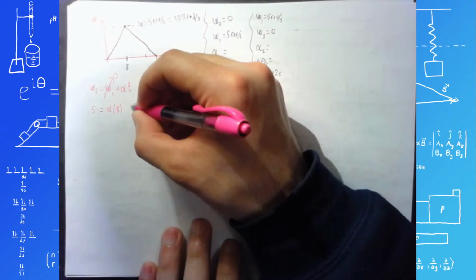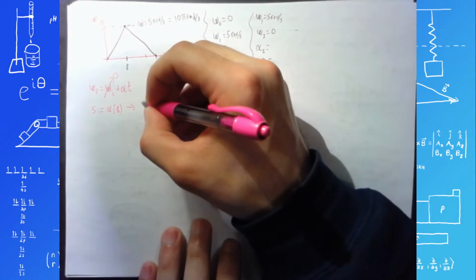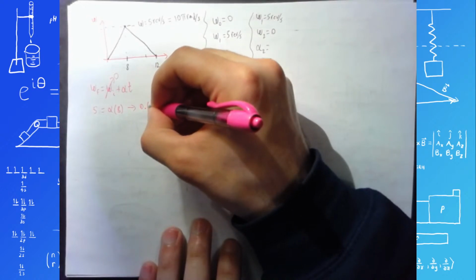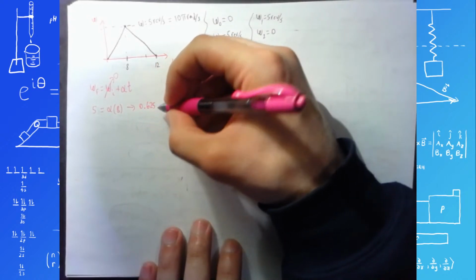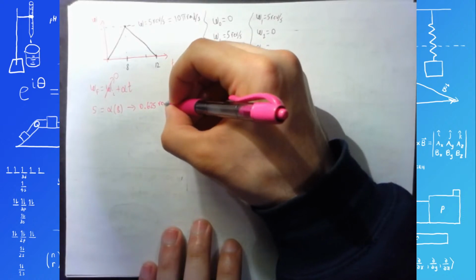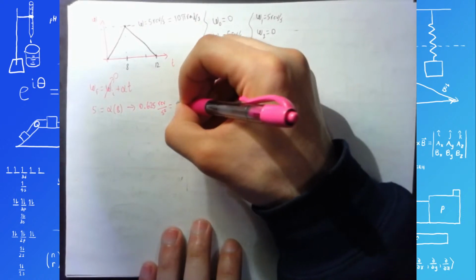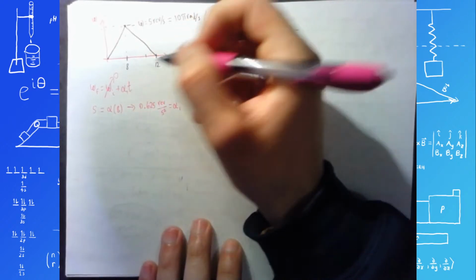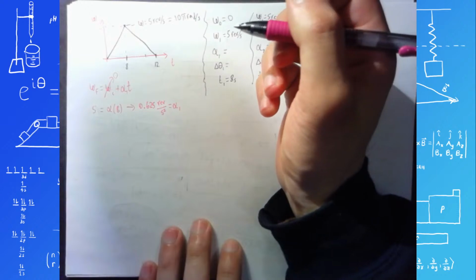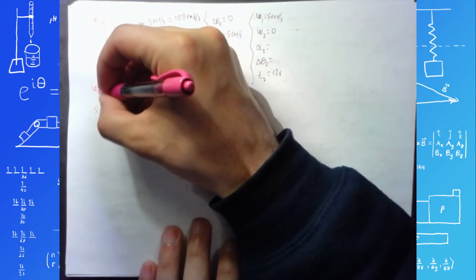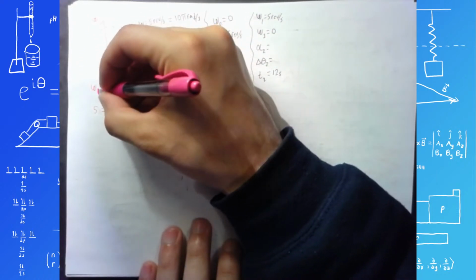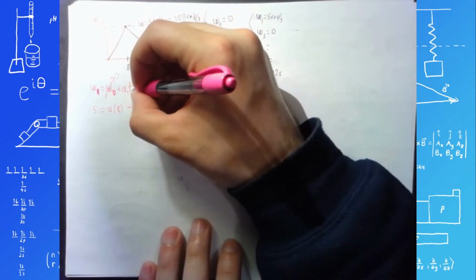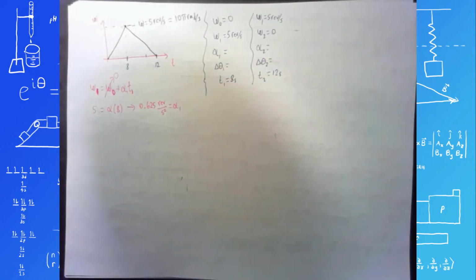So that gives us 5 over 8, which is 0.625 revolutions per second squared for your angular acceleration, at least for your first one. And I shouldn't have called it omega final, I should have called it omega 1 and omega 0. Perhaps I scheduled this stream too late in the day.